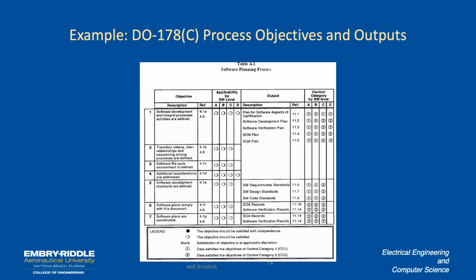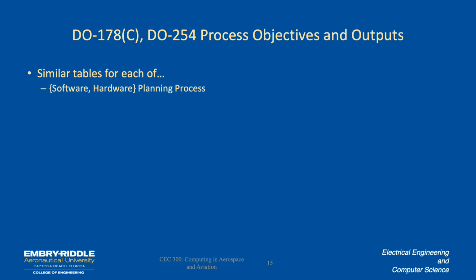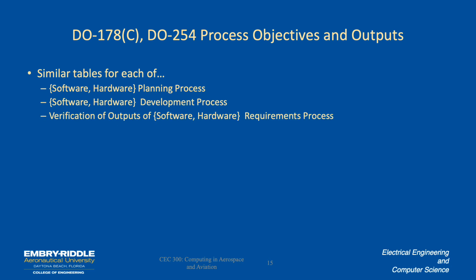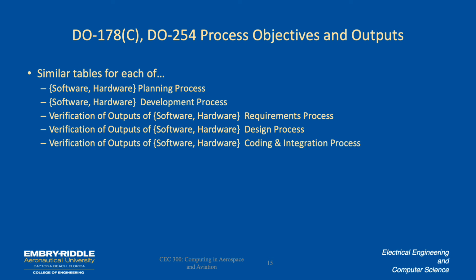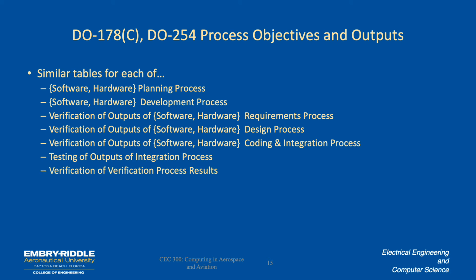For each of these, and I was mentioning how extensive this is, for DO-178C and DO-254 you have tables for the planning process, development process, requirements process, design process, and coding and integration process. You have documents and tables for the testing of the outputs of the integration process, the V&V, the verification of the verification process results, and so on.